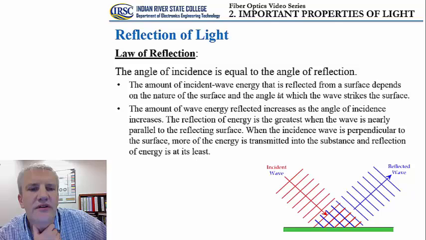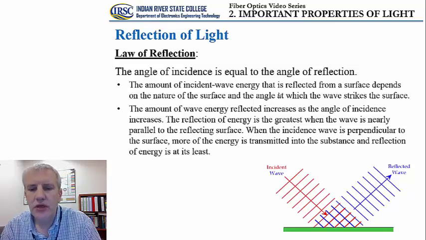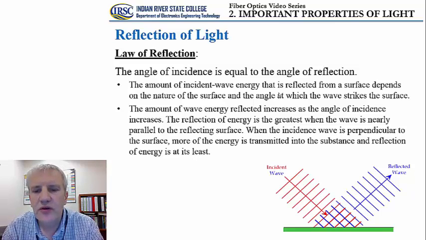According to the law of reflection, the angle of incidence is equal to the angle of reflection. What do we mean by angle of incidence or angle of reflection? On this slide, on the bottom, you see the incident wave. That is the wave that's coming from a certain direction and hitting a surface or a boundary between the two media.